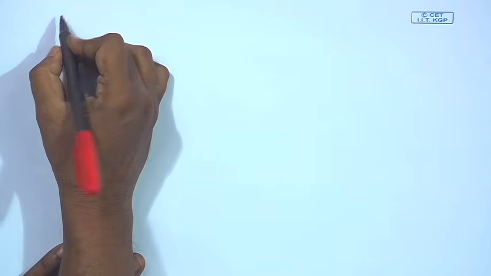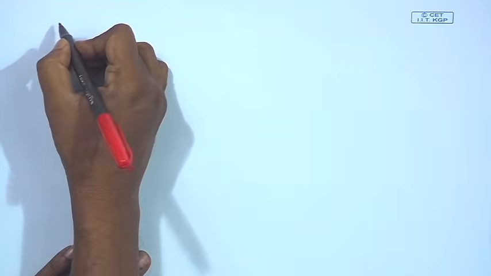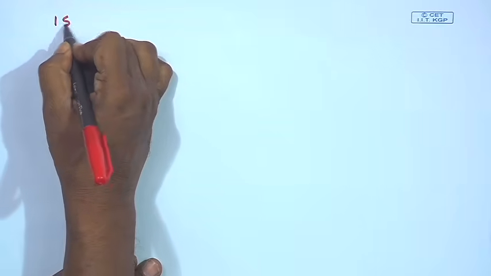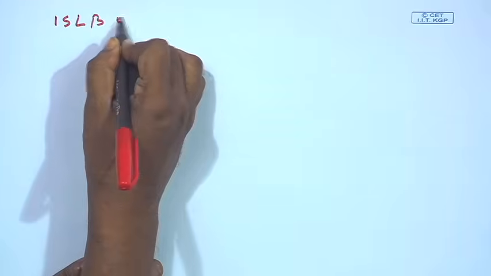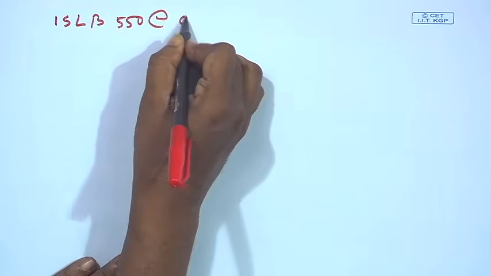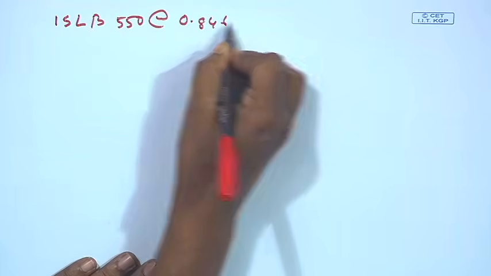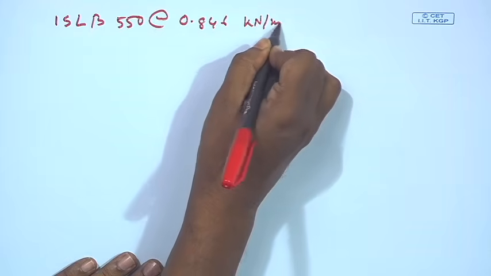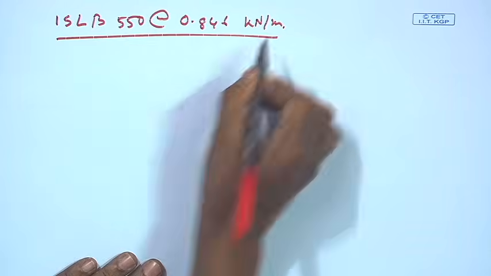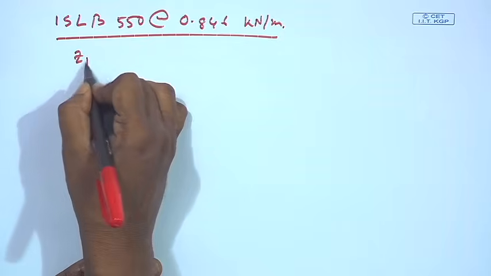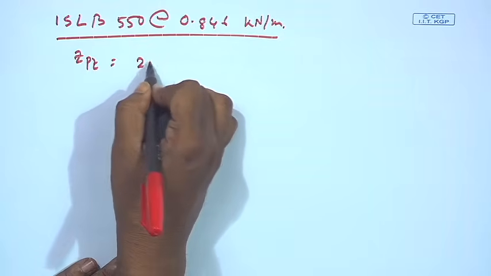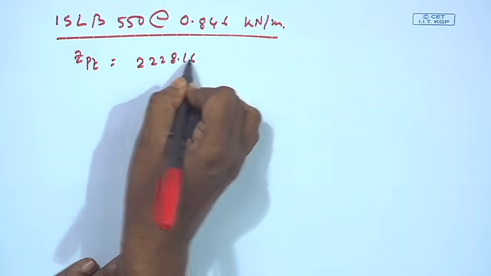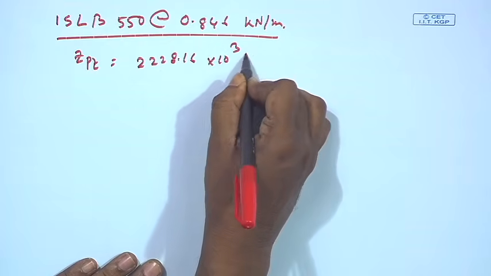Zp required, and now we can find out a suitable section from SP6, and if we look into SP6 we can say that ISLB 550 at 0.846 kilonewton per meter, we can choose this section whose Zpz is equal to 2228.16 into 10 to the power 3 millimeter cube.